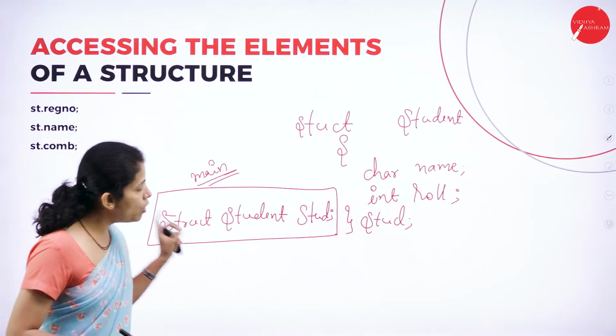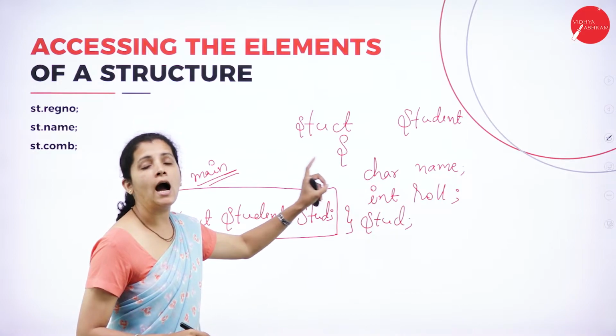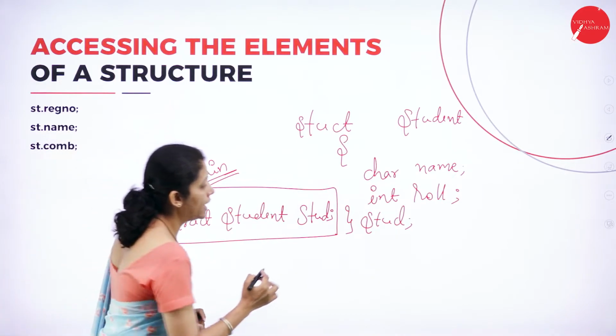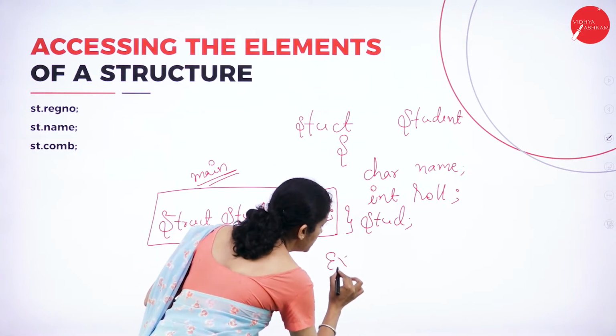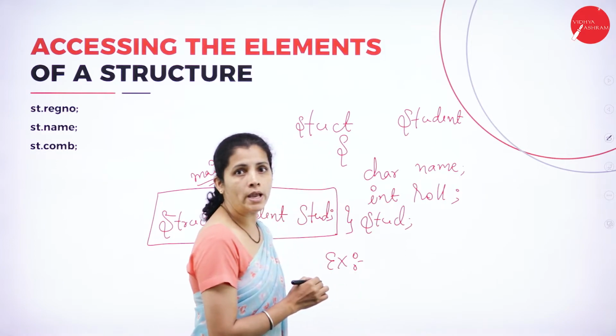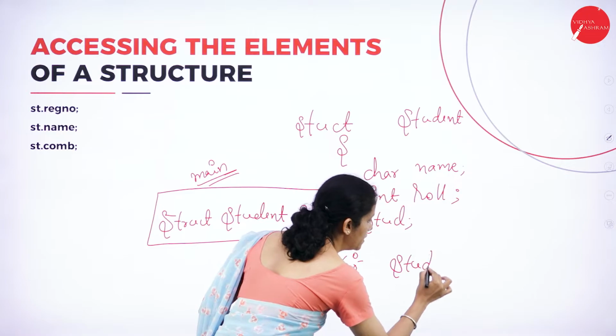Now, if I want to access the member of the structure, how can I access it? With the help of the dot operator. I'm going to write the example here. What is my structure variable? That is stud.